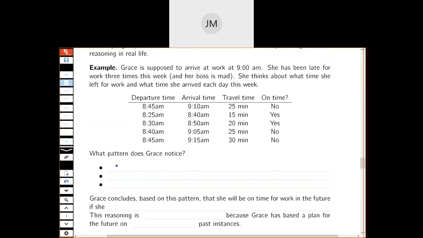If we pick this apart a little bit, I noticed the amount of time it takes to get to work, and we already did the subtractions here. It takes her a different amount of time to get to work each day.